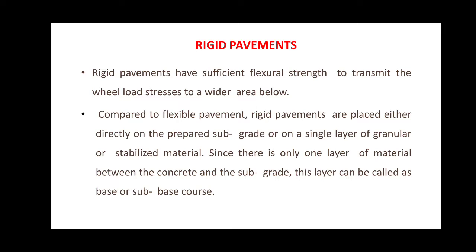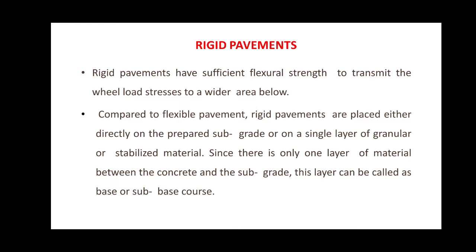The construction cost of the rigid pavement is high as compared to the flexible pavement, and it has more lifespan. The rigid pavement may be laid on the subgrade, and the thermal stresses generated in this rigid pavement will be more as compared to the flexible pavement.